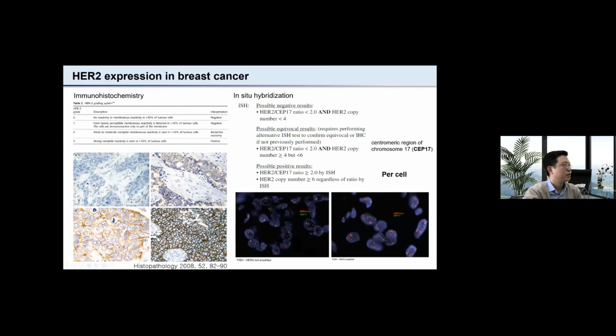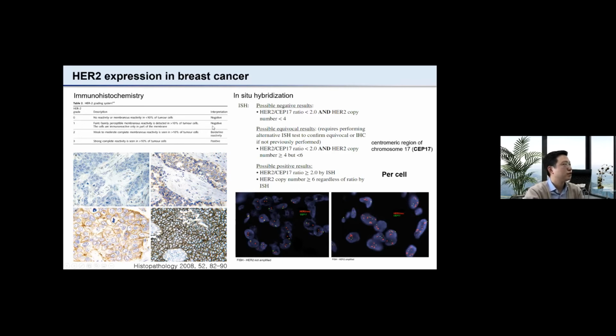No reactivity is HER2 grade 0, faint or barely perceptible reactivity in the breast cancer cells is grade 1, weak to moderate goes to grade 2, and strong reactivity goes to grade 3.